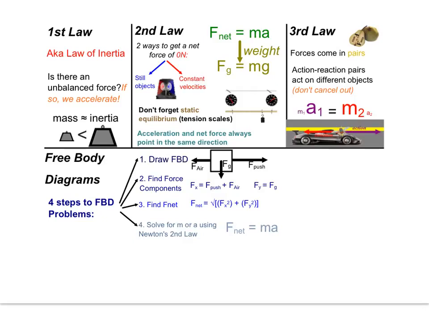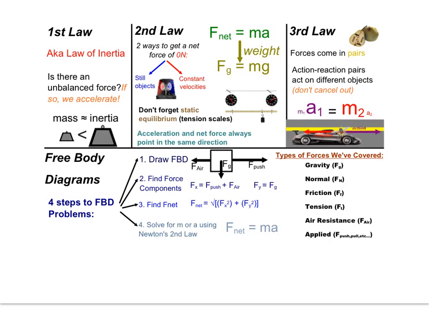So here's a list of all the different forces that we've covered in this chapter, and there's been more, but you can always make up a name for the other forces. These are the ones that continuously come back up. And as long as you don't mislabel a force, we'll probably give you credit for it.